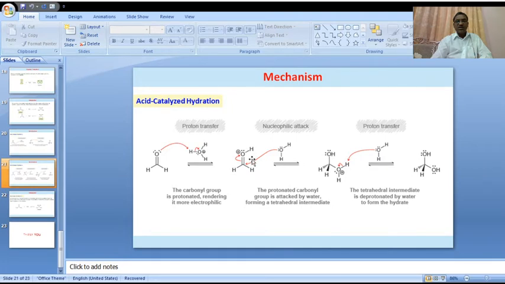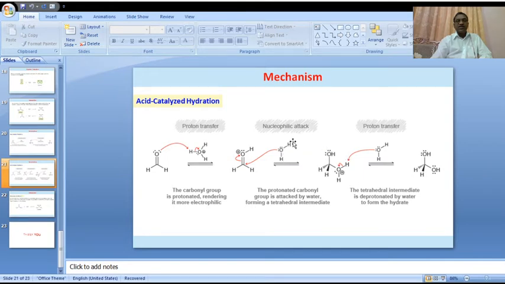This protonated carbonyl functional group reacts with the nucleophile. Here we are using a water molecule. The protonated carbonyl functional group is attacked by water, forming a tetrahedral intermediate.